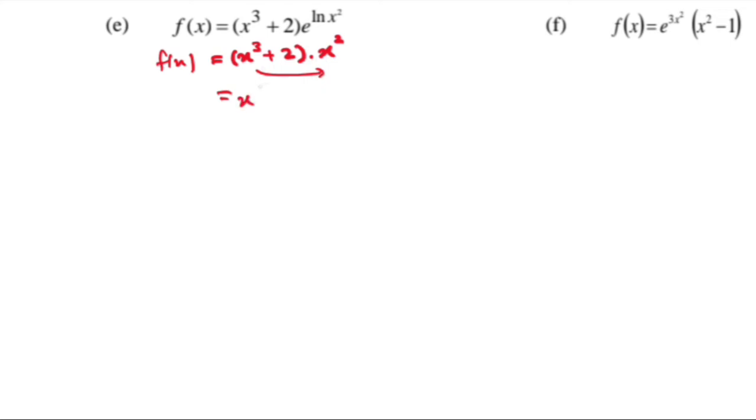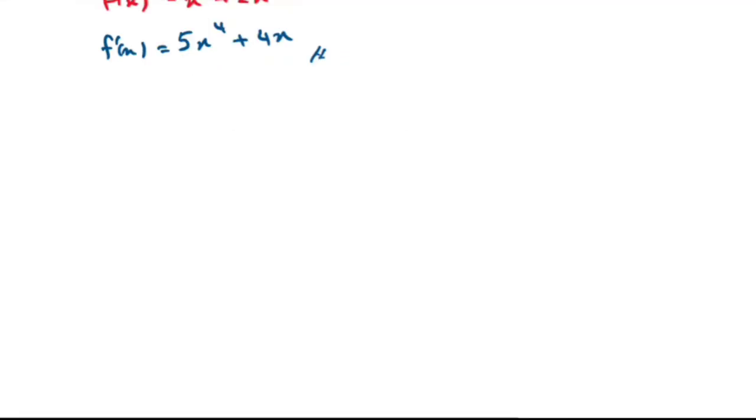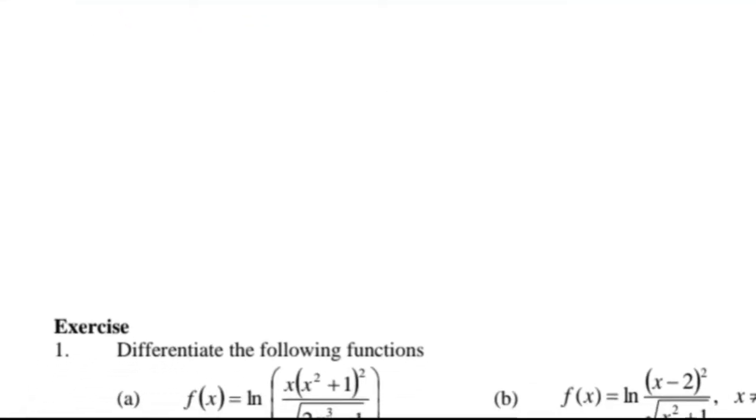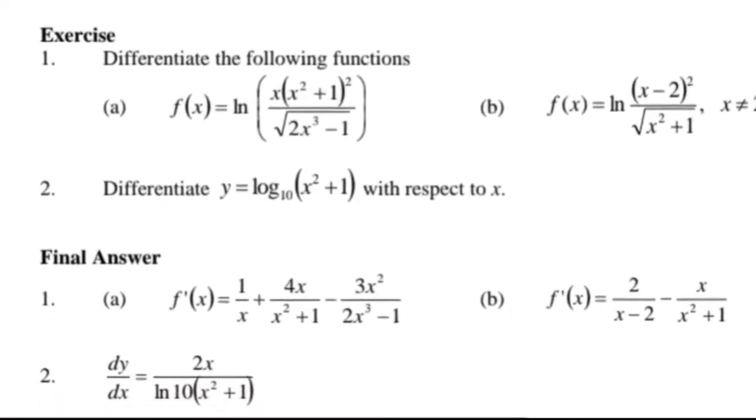When you expand, what you get is just a polynomial. It is so much easier to differentiate polynomial functions. Then just differentiate it. 5x power 4 plus 4x power 1. That's your answer.